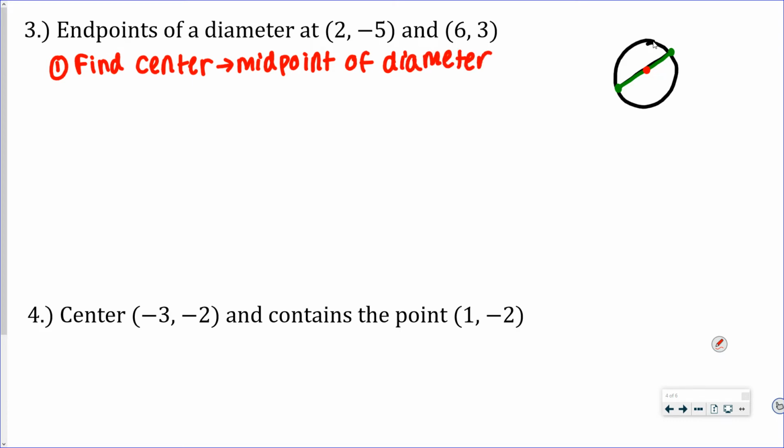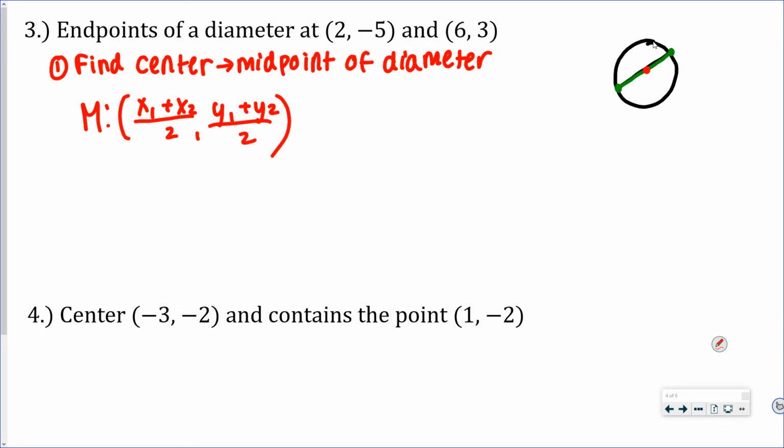Okay, friends. Do you guys remember how to find midpoints? Please tell me yes. Yes. x1 plus x2 divided by 2. The other side is y1 plus y2 divided by 2. Good. Halfway between the x coordinates, halfway between the y coordinates. Midpoint.